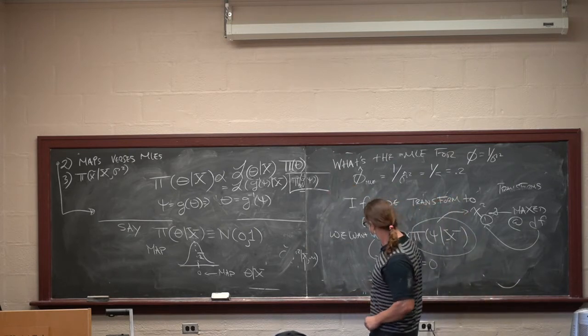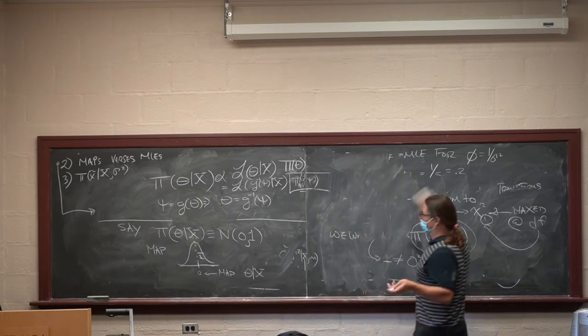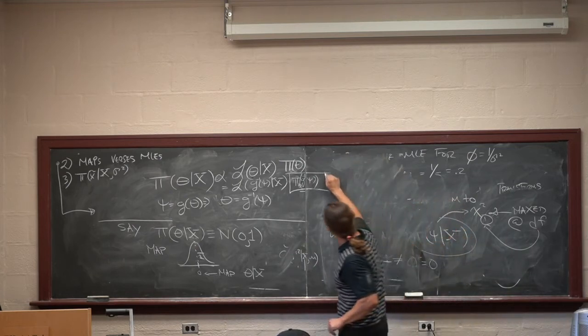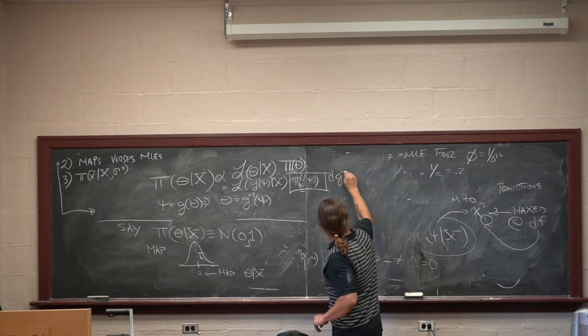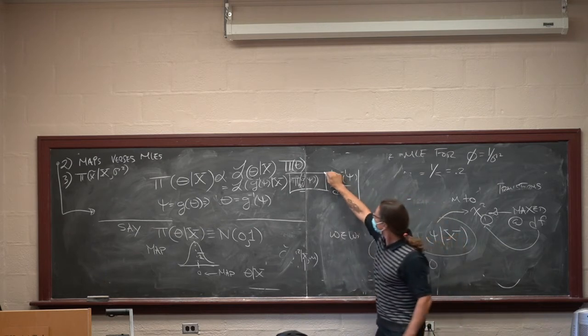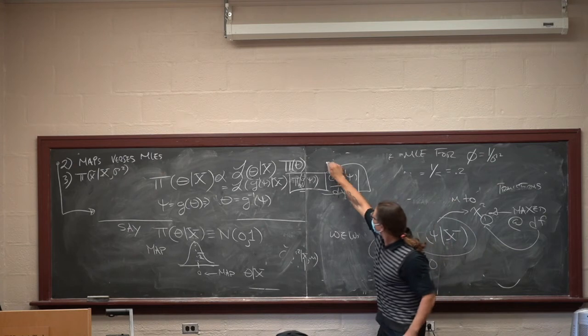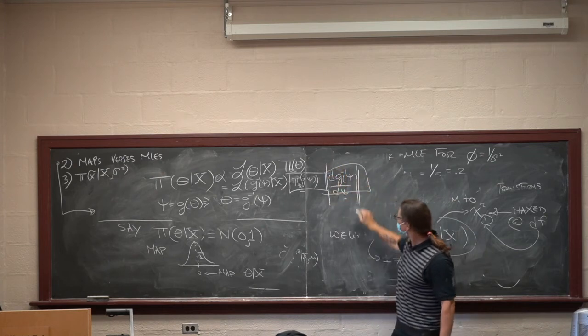I've got this extra term. I've got that positive derivative thing. The g inverse psi d psi. So when will this be invariant to transform? Put my absolute value signs there.